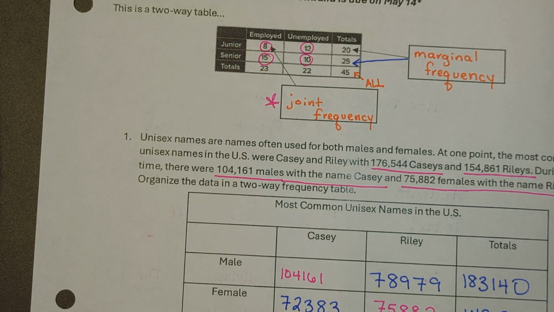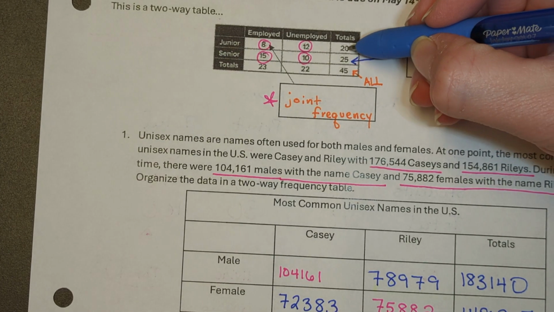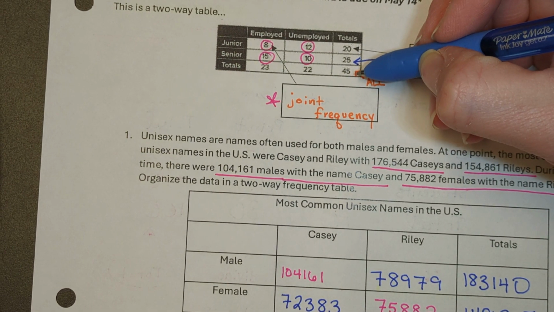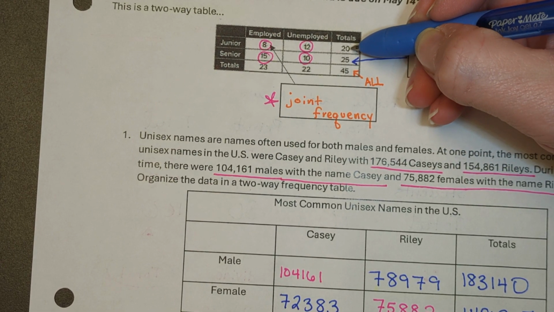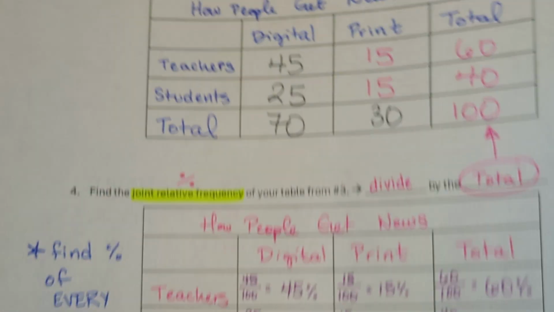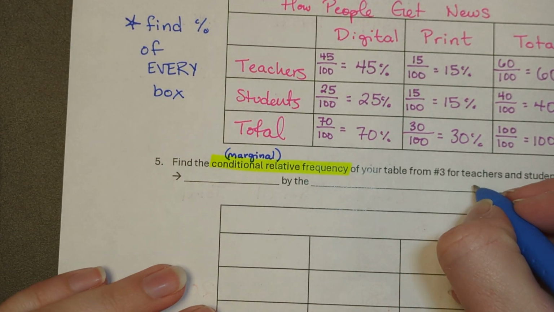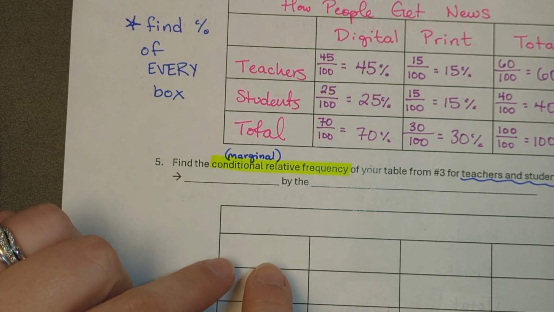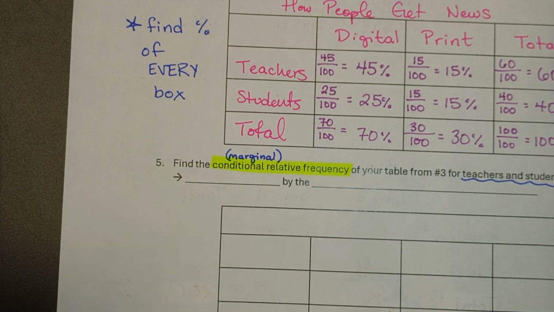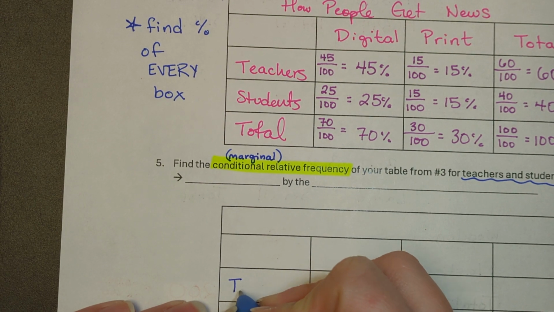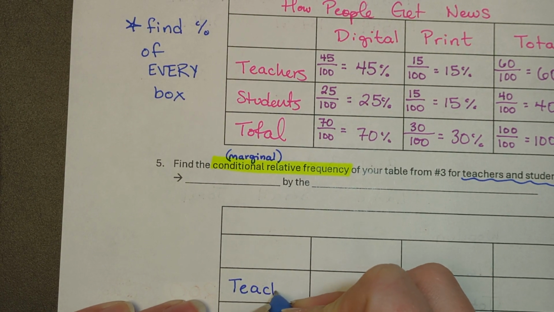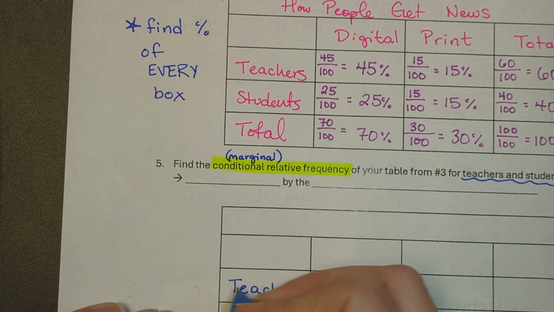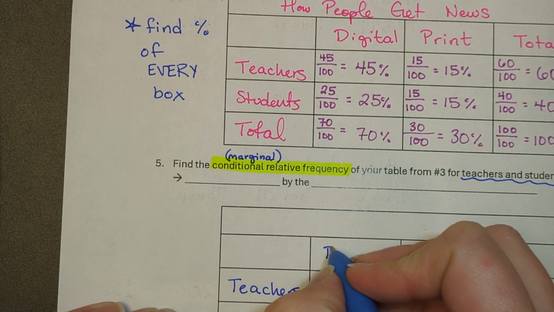So when I say find the marginal frequency or the conditional relative frequency, you're going to find it out of that total, not all of it, just that one section.